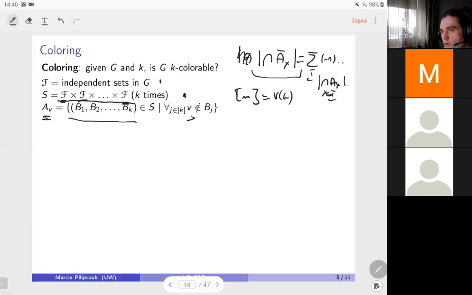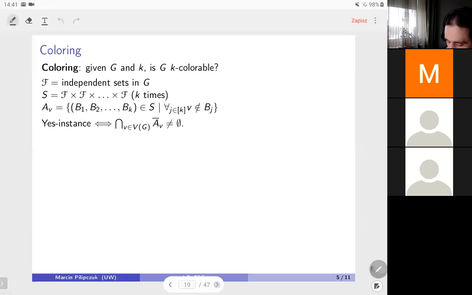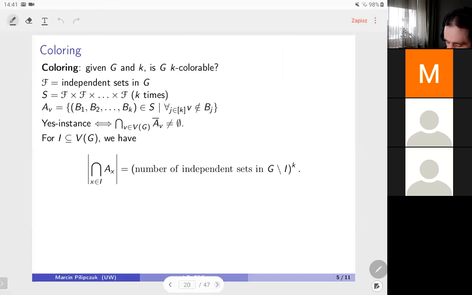That means it's not wrong on any vertex. So we are just checking if the intersection of the complements of the A_V is non-empty, or whether the number of such tuples is 0 or not. So we are really doing exactly the same. This is what's written here.